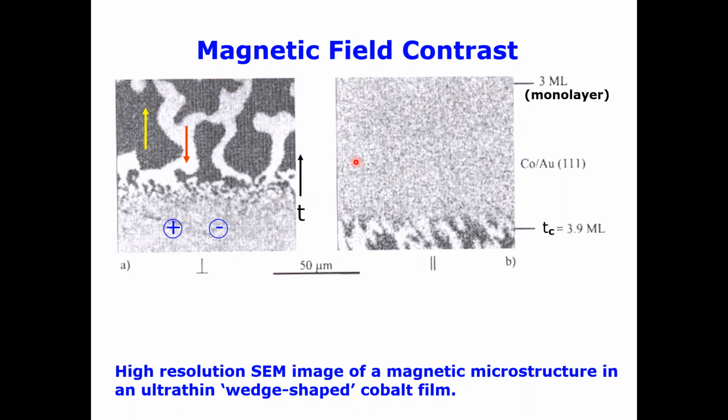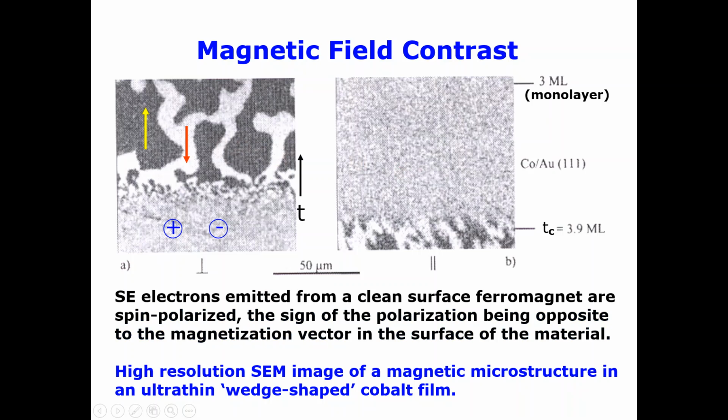So what does it show? Secondary electrons emitted from a clean surface of a ferromagnet are spin polarized, the sign of the polarizations being opposite, which has been shown with the arrows directed in opposite directions.